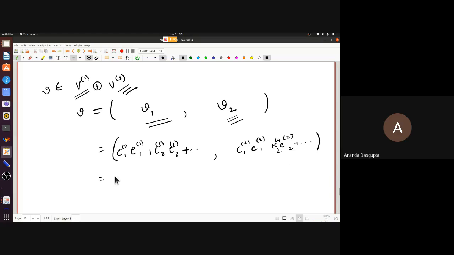But this is really simply C11 times E11 here and 0 here, plus C12 times E12 here, and 0 for the second piece, meaning this entire second piece is 0.